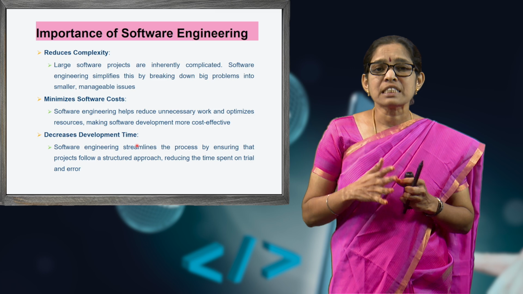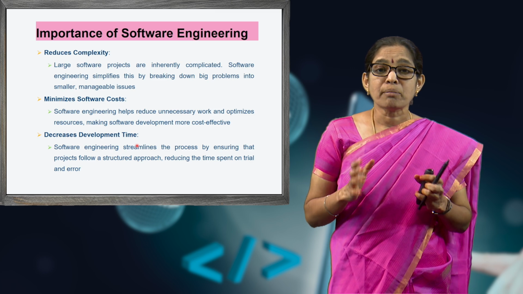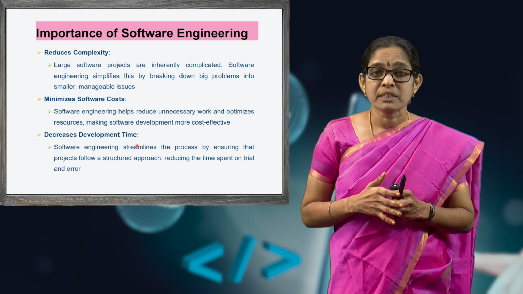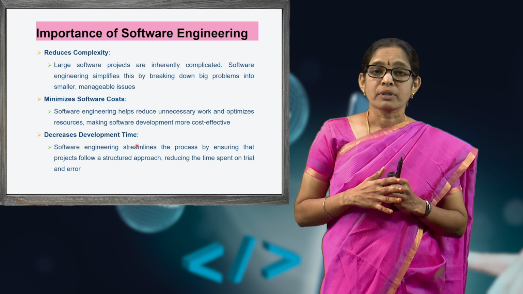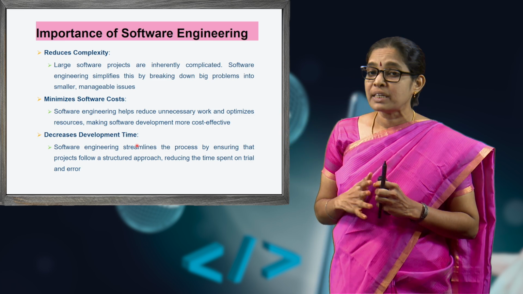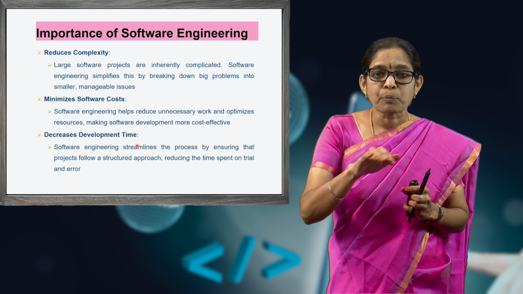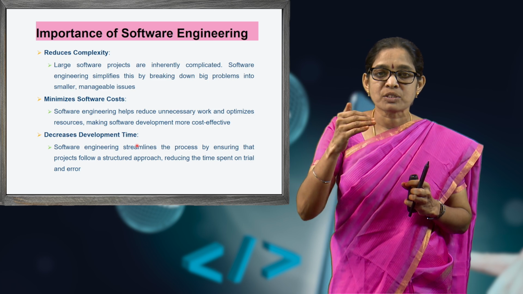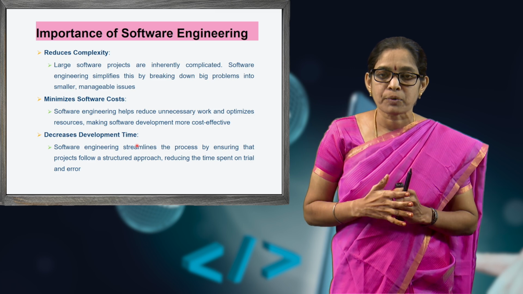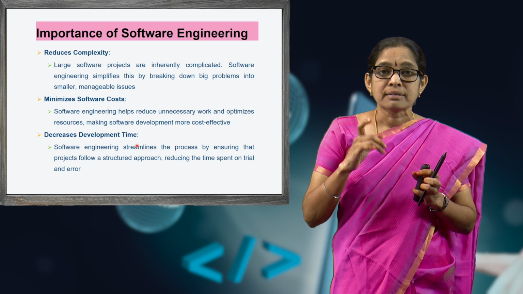Software engineering principles help to reduce unnecessary work, optimize the resources and make software development more cost effective. Then next, decreases development time. Software engineering streamlines the process stage by stage to ensure that the project follows a structured approach. Automatically, it reduces the time spent on trial and error.